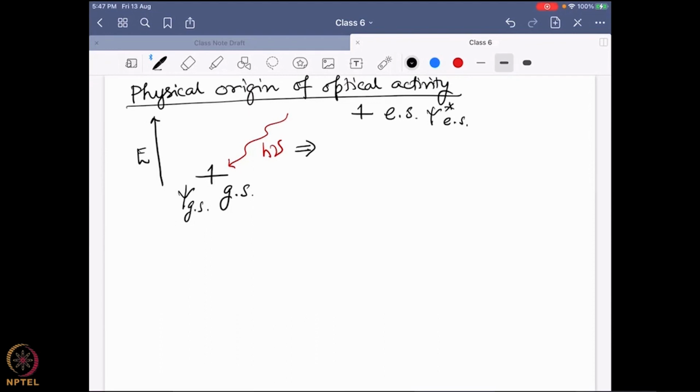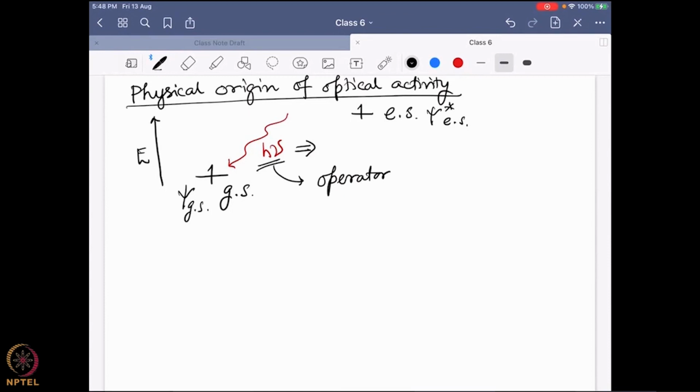This whole thing is happening with this electromagnetic radiation, which we can say is the operator that ensures the ground state electronic distribution transforms into an excited state electronic distribution.